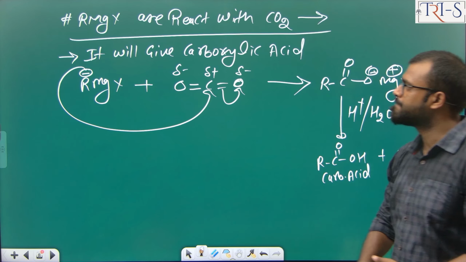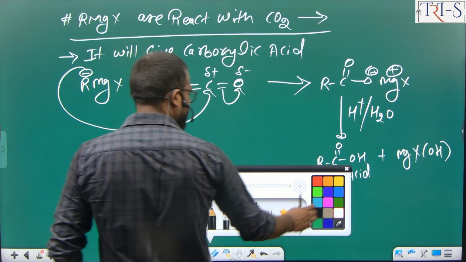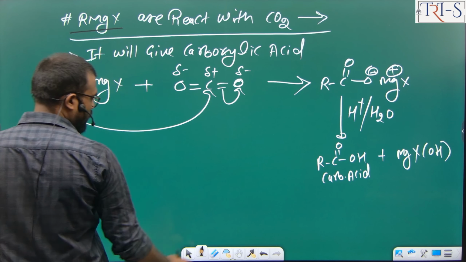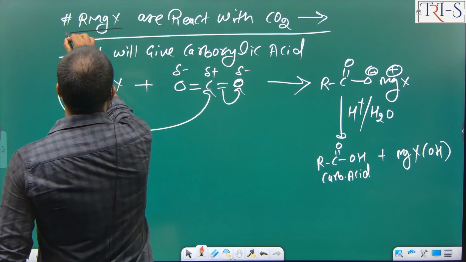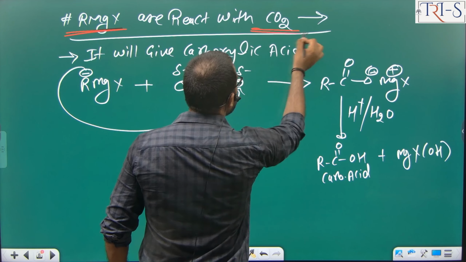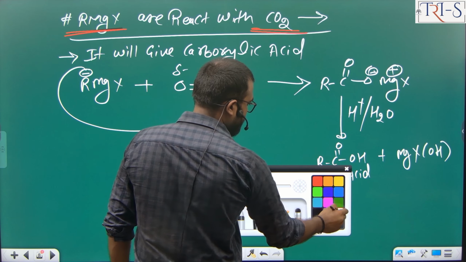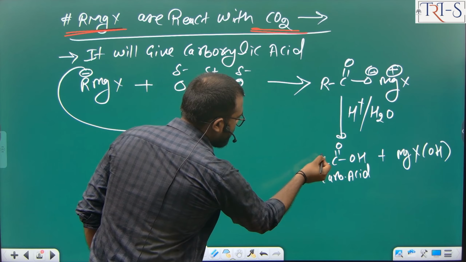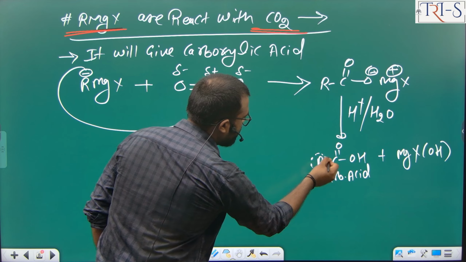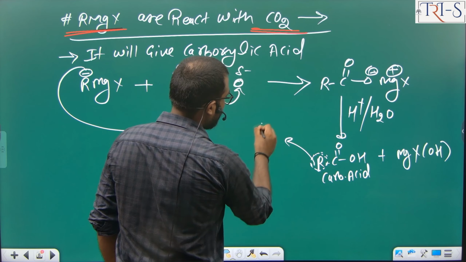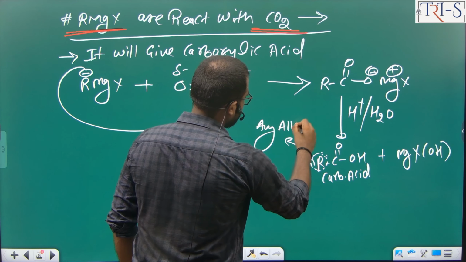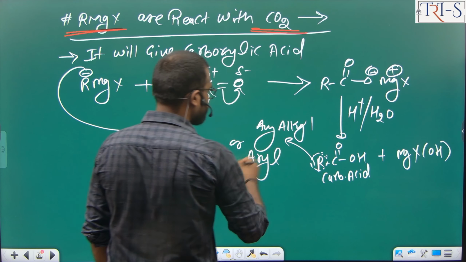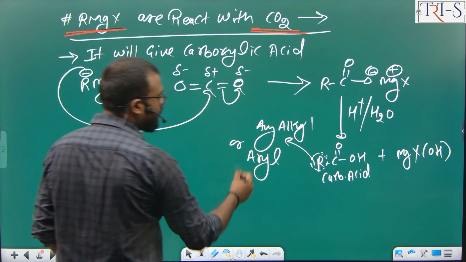So students, we can see easily that when any Grignard reagent reacts with carbon dioxide, it will give carboxylic acid. These R groups may be any alkyl or aryl group.